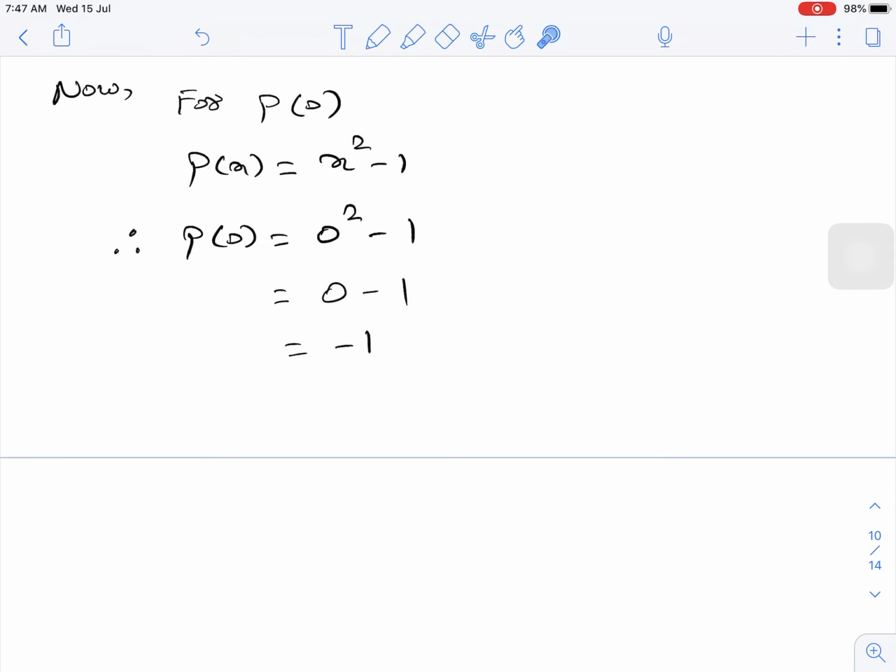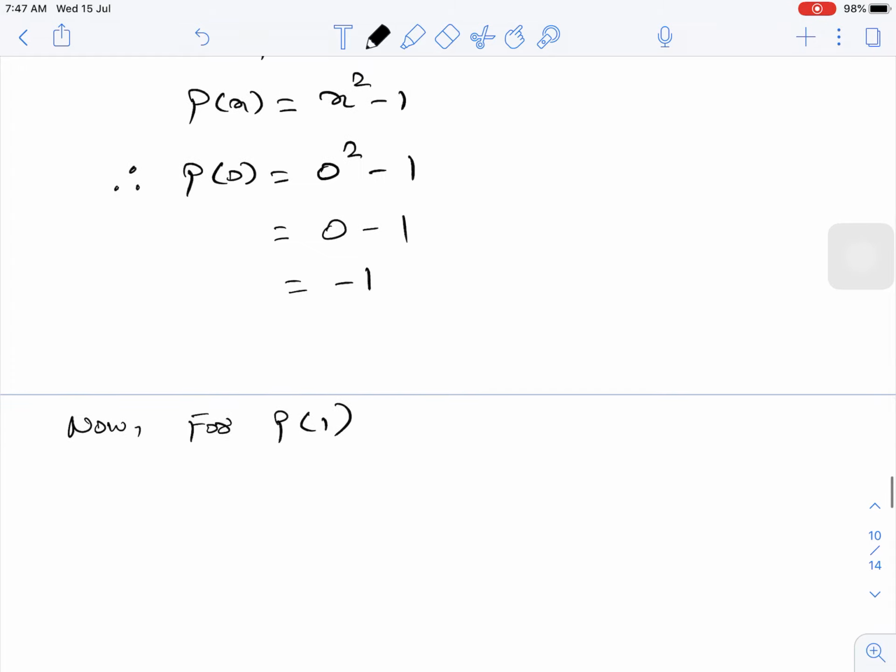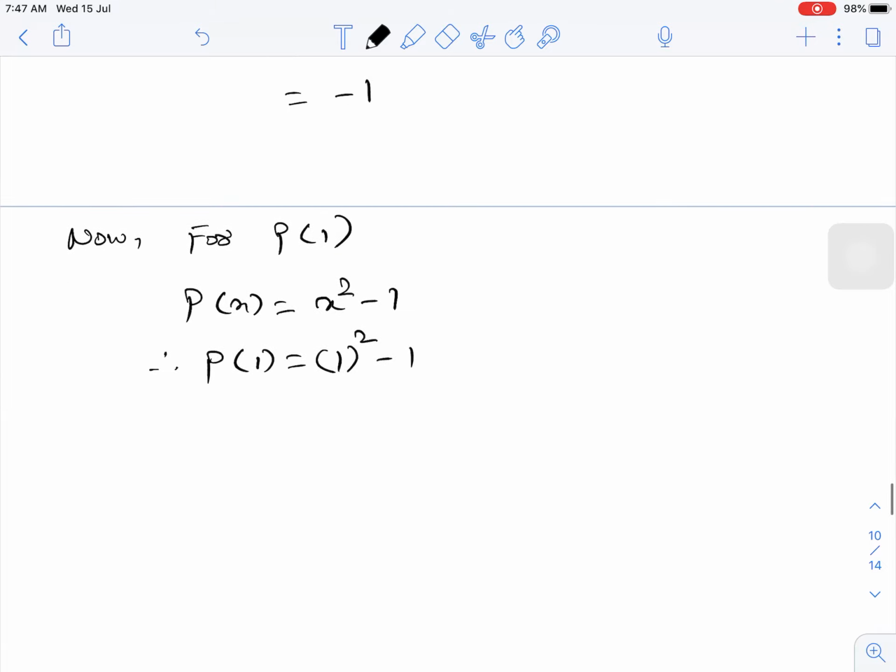Now we have to find it for p1 and p2. For p1, again you have to write the polynomial once again. P of x equals x square minus 1. Therefore p of 1 equals 1 square minus 1.